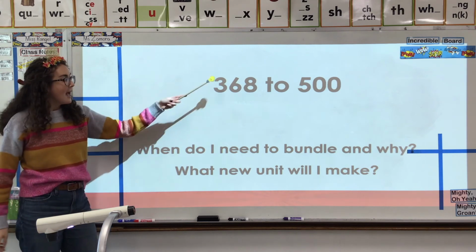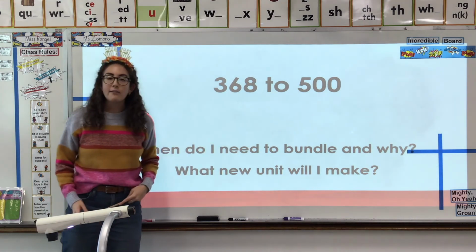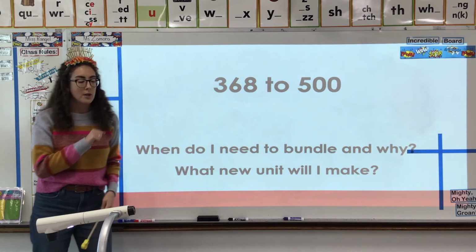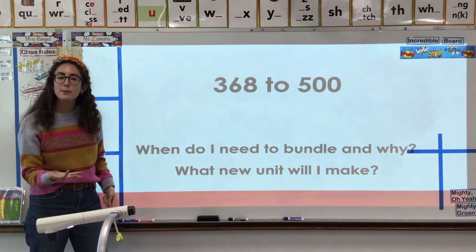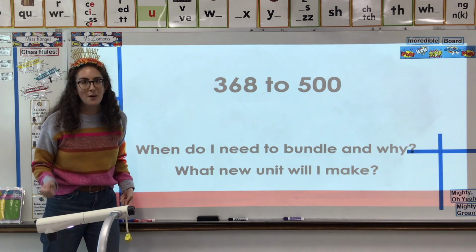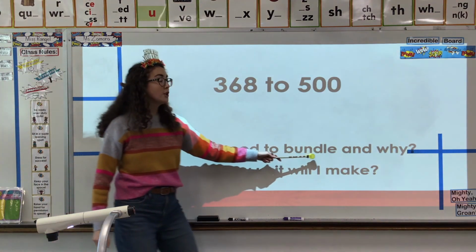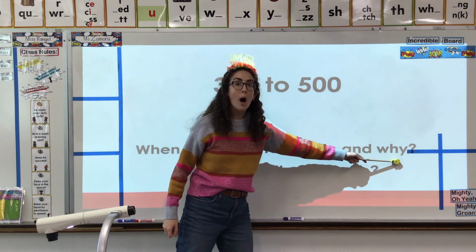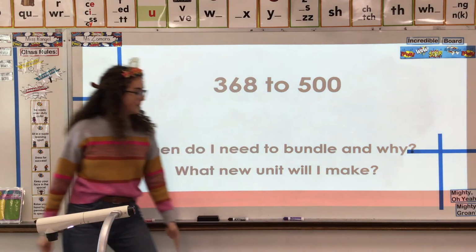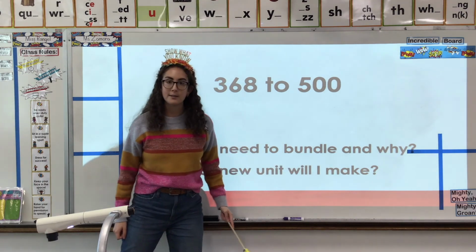So again, as you're counting from 368 to 500 on your own today, you are going to be explaining these questions to yourself and in the video that I see. When do I need to bundle, and why do I need to bundle? What new unit will I make?